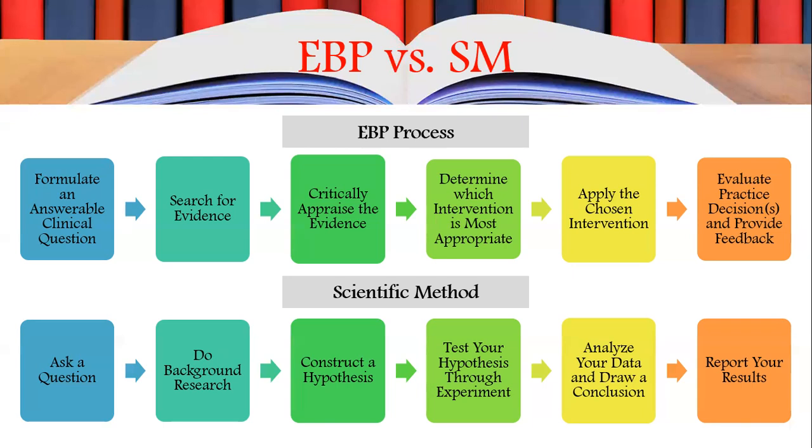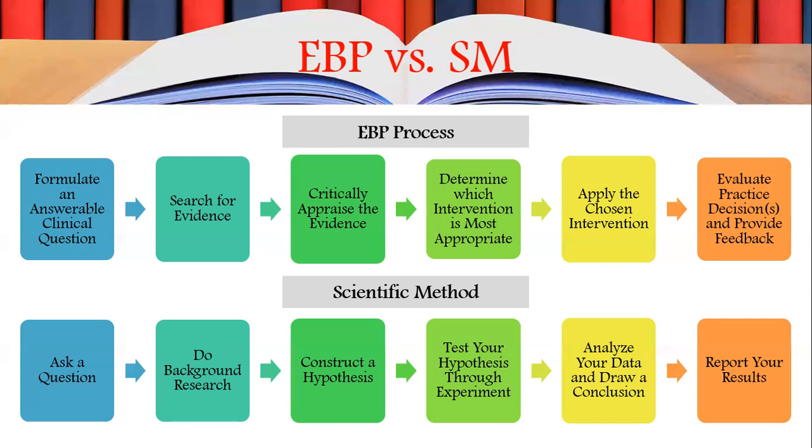So that literature review or that background research, even though it can be tedious, is a very important step in the process. So we do our background research, we construct a hypothesis, and the hypothesis, just as we learn in grade school, is an educated guess, right? It's an informed guess. And so whatever the hypothesis is that we construct is based on the background research that we've already conducted.